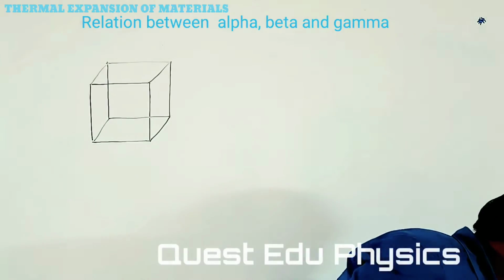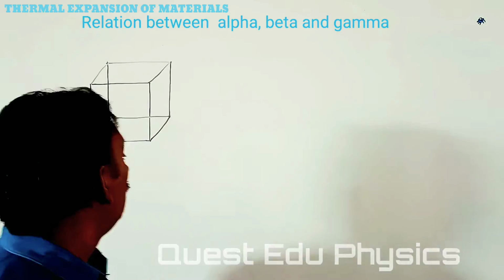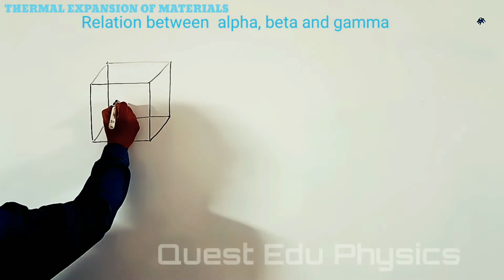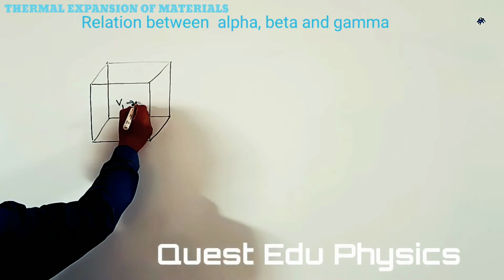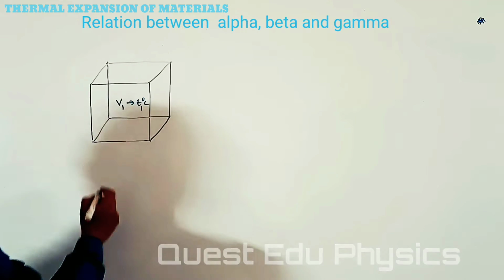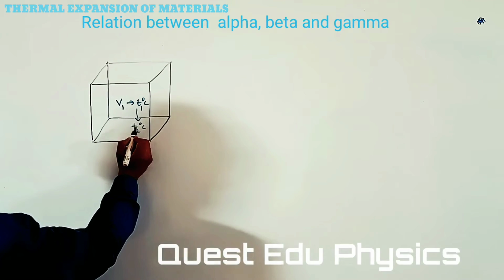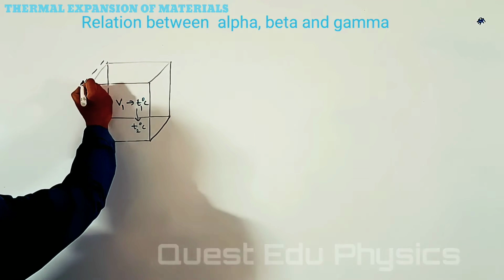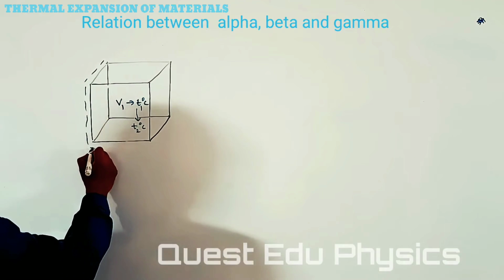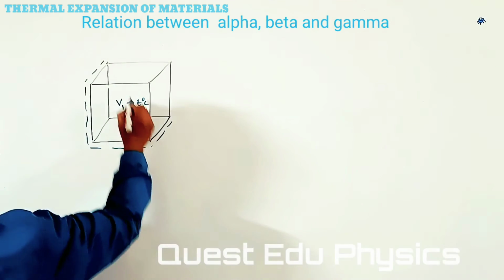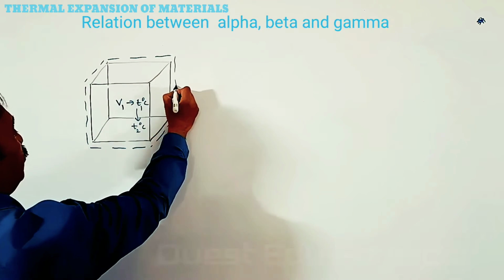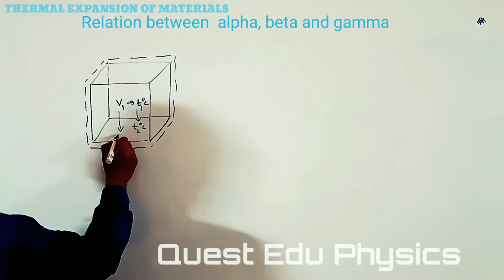Okay, students, it is the cube which has a volume of V1 at a temperature of T1 degree centigrade, students. We raise the temperature to T2 degree centigrade, and the volume changes to V2, students.